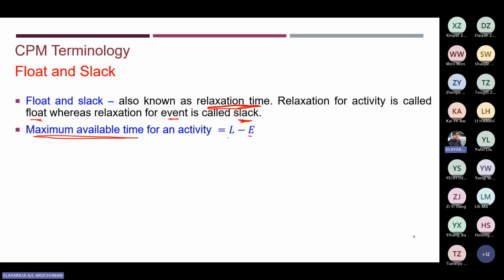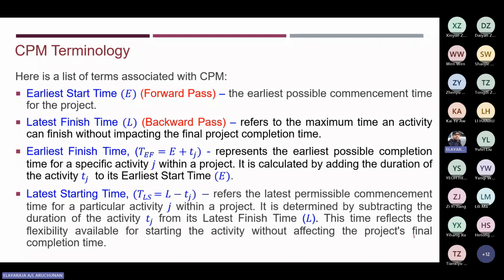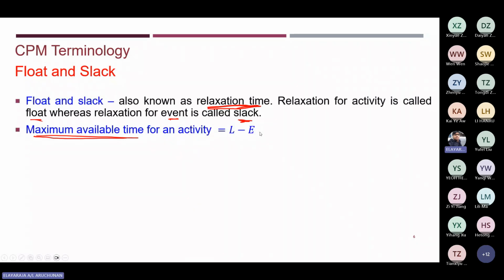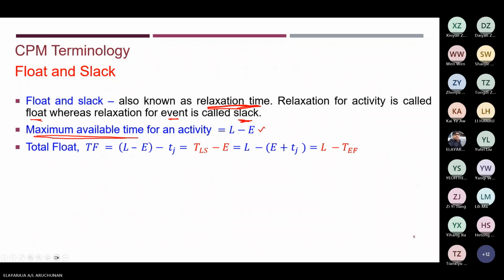So you know the formula here, latest finishing time, L, minus earliest starting time. This is what is written here. You need to understand the concept. Now we're going to calculate the float. In order to calculate the float, we have a formula.